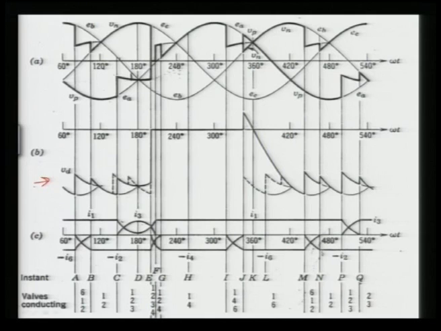As I said, before point A, 6 and 1 were conducting, and 2 was given the pulse at point A, and you can see here the commutation, where 2 is taking the complete current and 6 goes to 0. So the commutation between 6 and 2 is successful, and then at point B only valves 1 and 2 are conducting, and you can see the negative voltage which is appearing here.